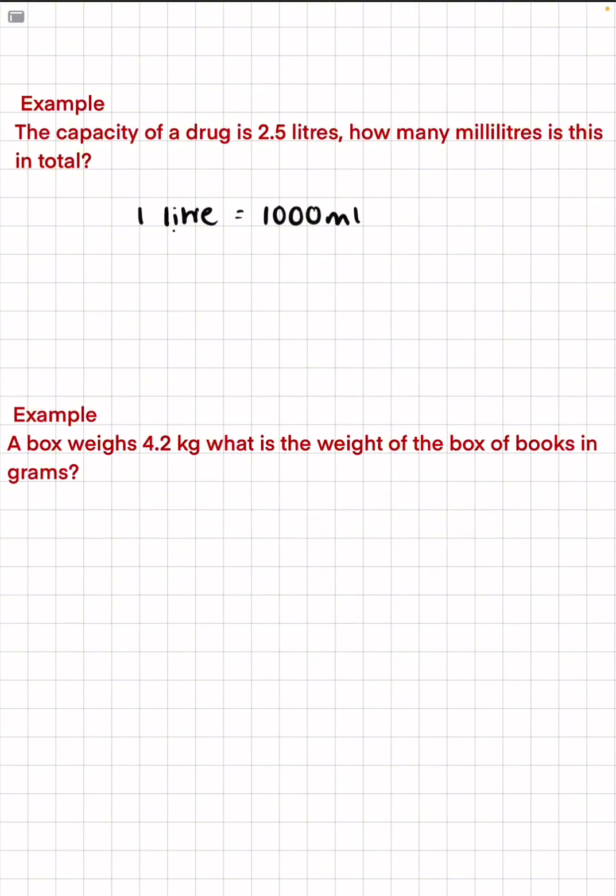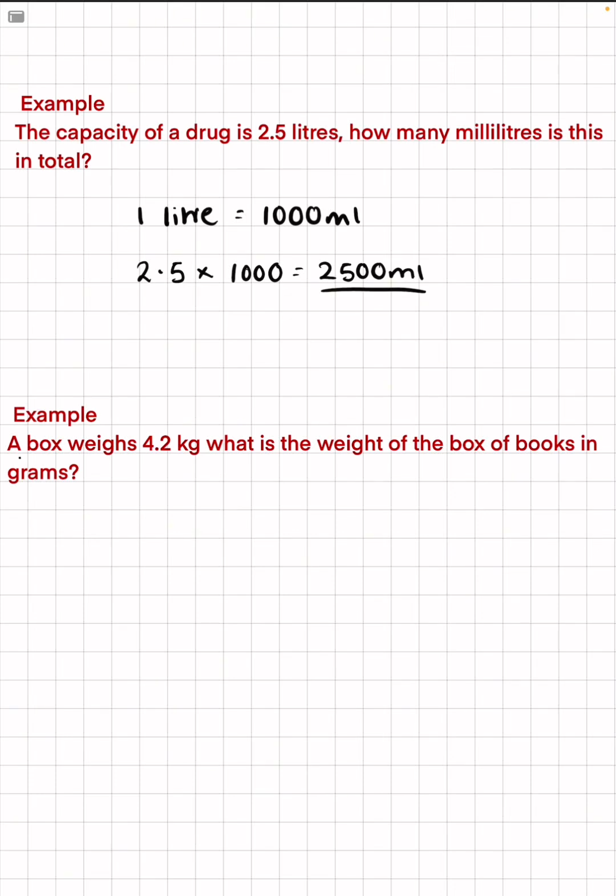We're converting from big units to small units, so we multiply. 2.5 multiplied by 1,000 equals 2,500 milliliters. So 2.5 liters is 2,500 milliliters.